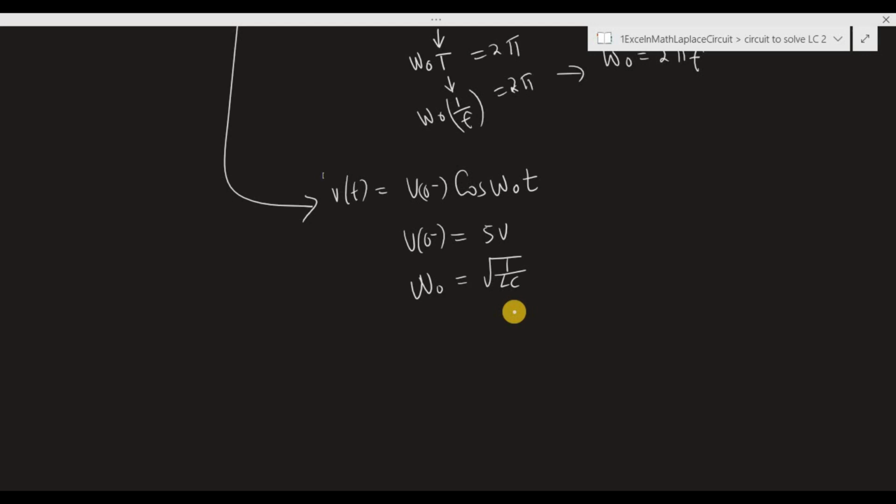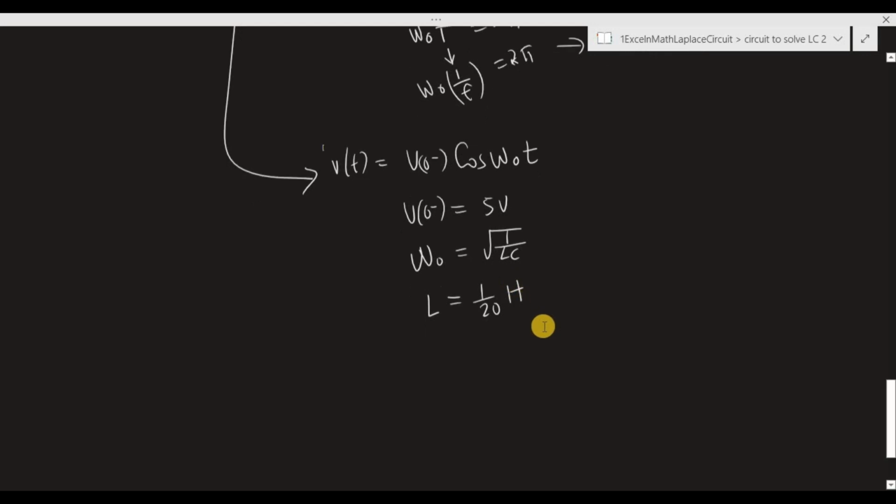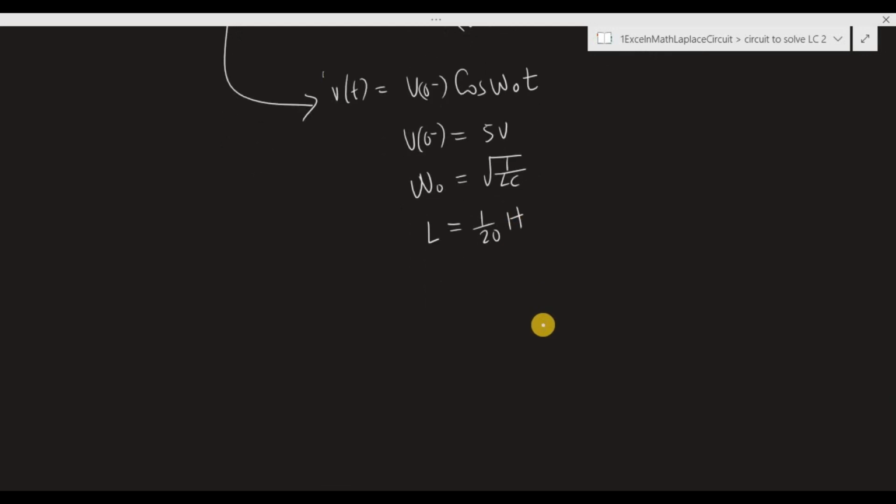Our inductor's inductance is 1/20th of a Henry, and the capacitor's capacitance is 1/10 of a farad.